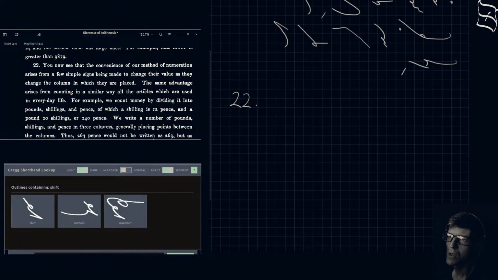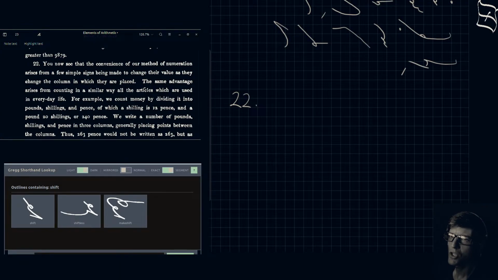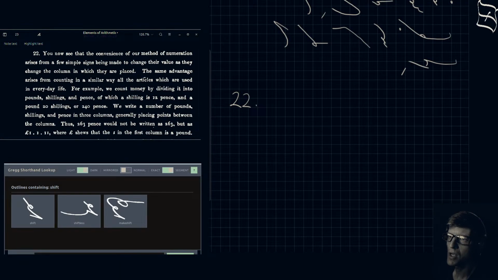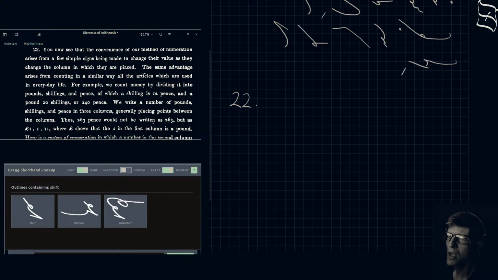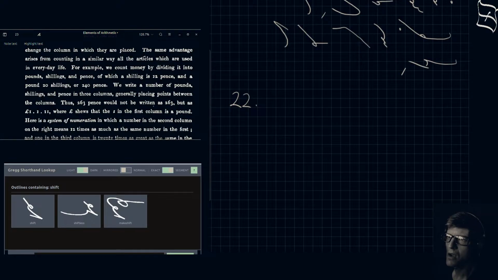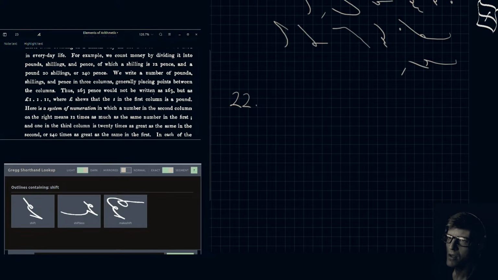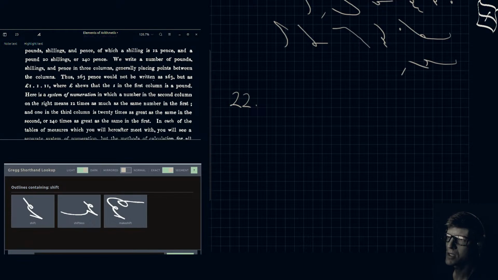Our method of numeration arises from a few simple signs made to change their value as they change the column in which they are placed. For example, we count money, thus 263 pence would not be written as 263, but as 1 ... where pound shows that the 1 in the first column is the pound.